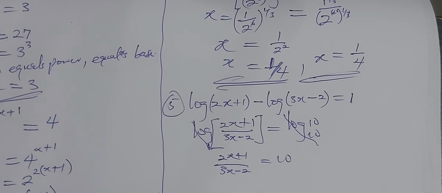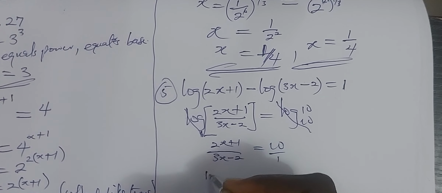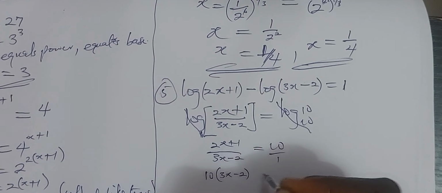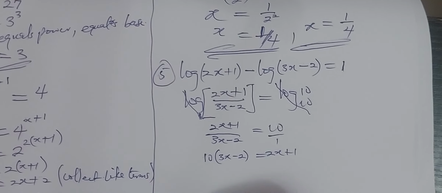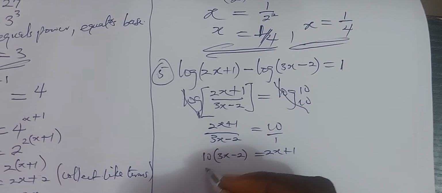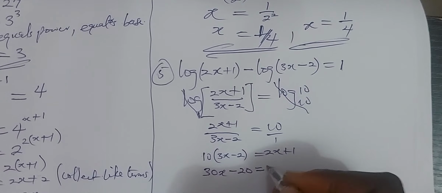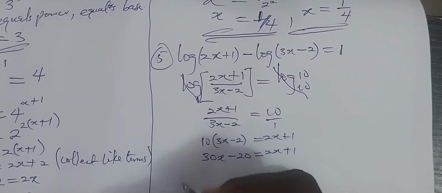Becomes algebraic expression, a normal equation. So you cross multiply, you have your 10 into 3x minus 2 is equals to 2x plus 1. So open the bracket, we have 30x minus 20 equals 2x plus 1. Collect like terms.